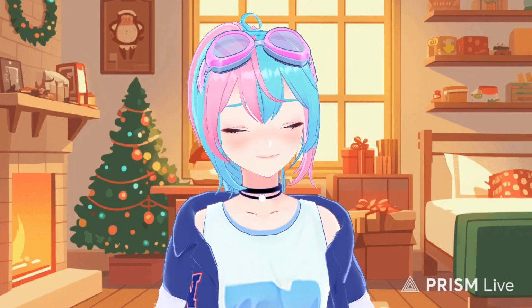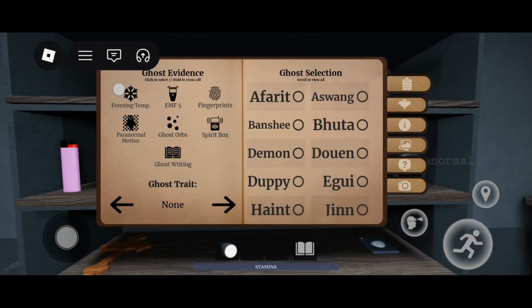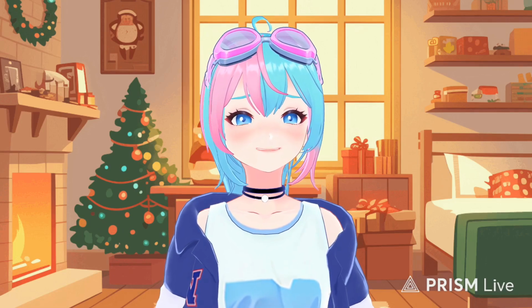The objective of Specter is to identify the correct ghost type through 3 evidence or less if you have already figured out the trait. Now, Amy wants you to open the journal. By default, it's gonna be the clipboard page on the left side. This way you can circle or cross off evidence, whether the ghost has it or not.